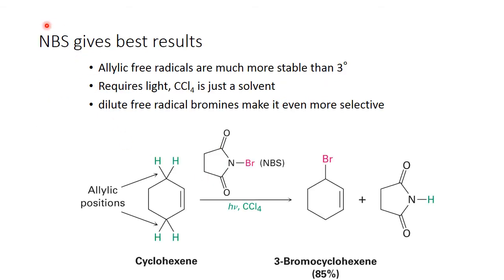Well, we're going to add that allylic free radicals are even more stable than tertiary free radicals. And what we're going to do is look at something called NBS, or N-bromosuccinimide, as a generator of bromine in situ. So here is N-bromosuccinimide, and we just usually use this acronym NBS over the arrow.